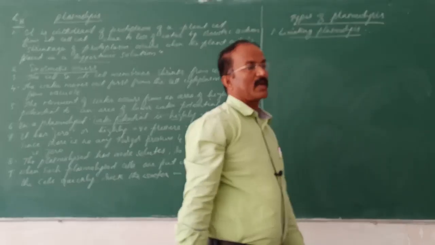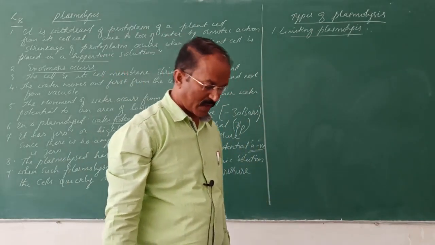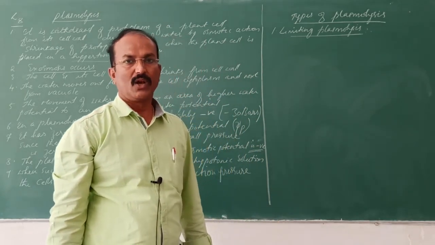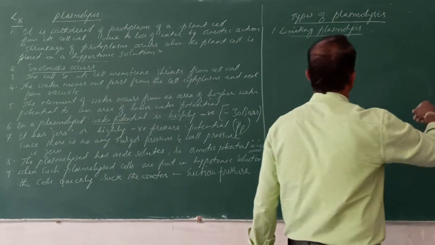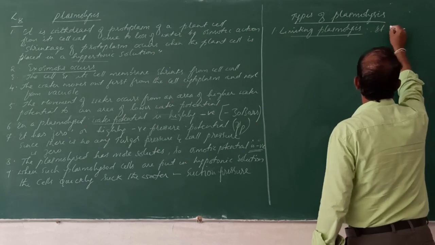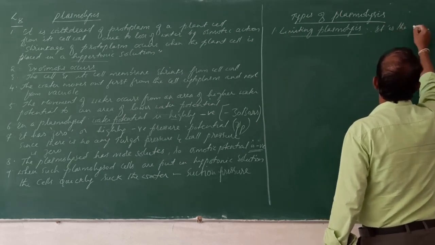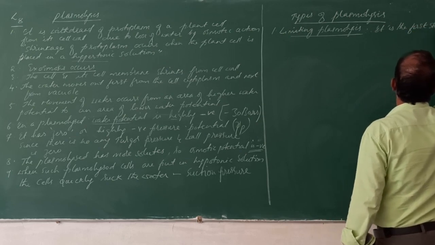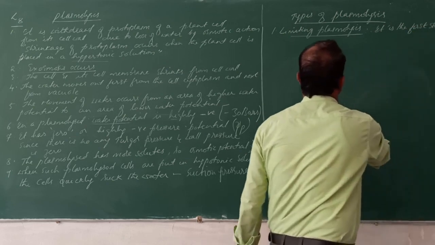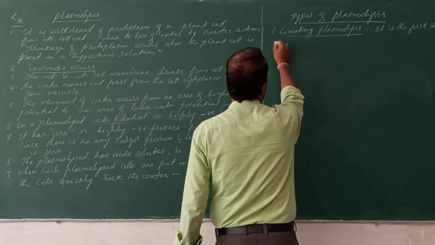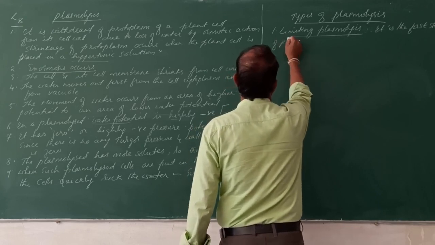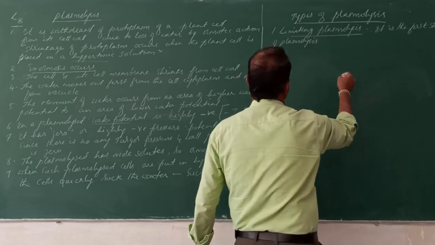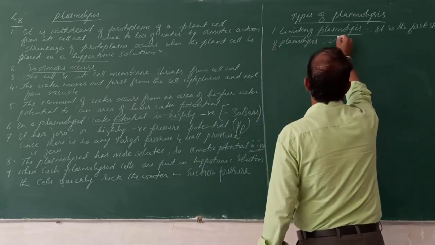This type of plasmolysis is the first stage of plasmolysis, where the protoplasm gradually starts losing water.